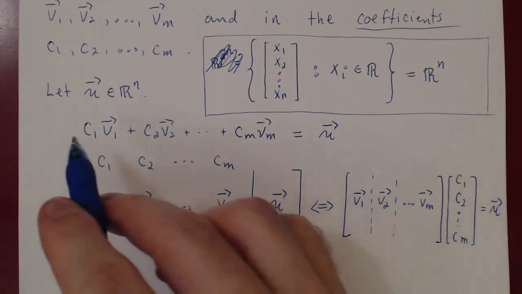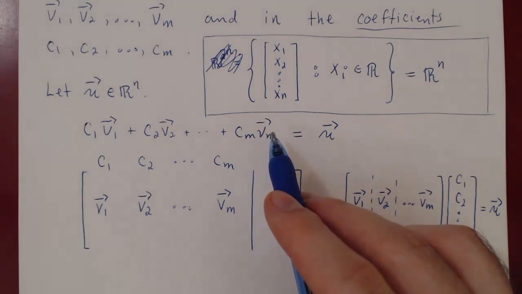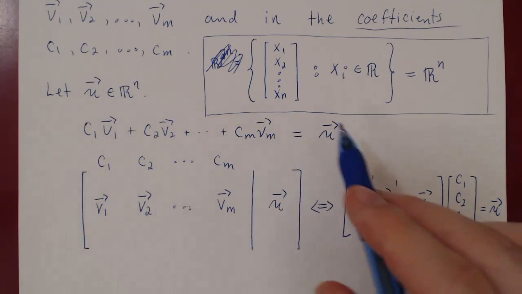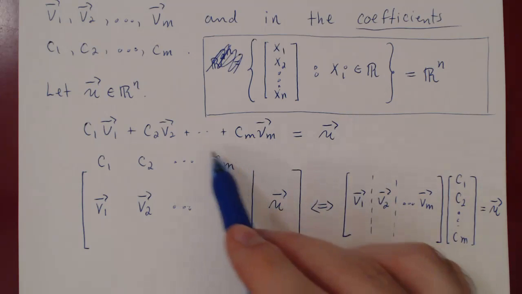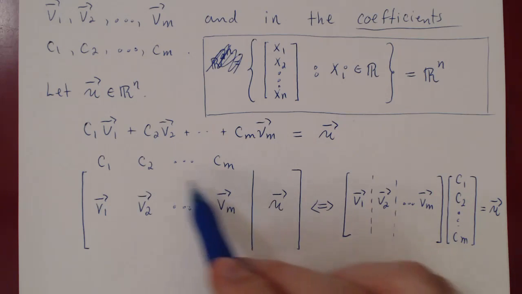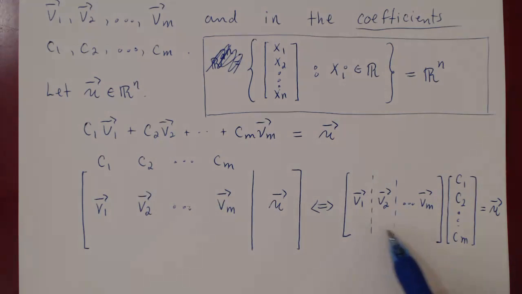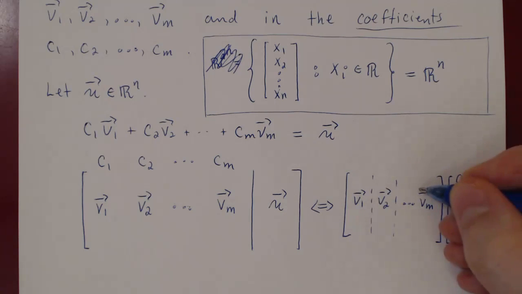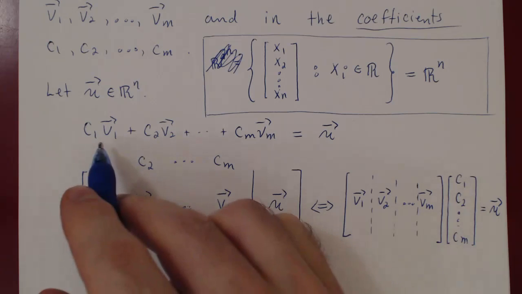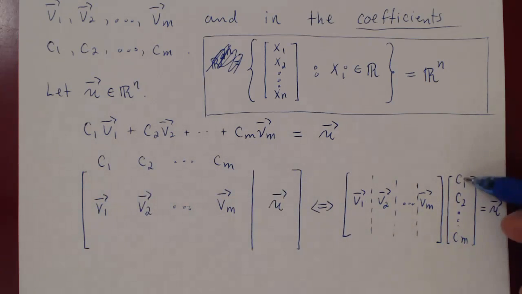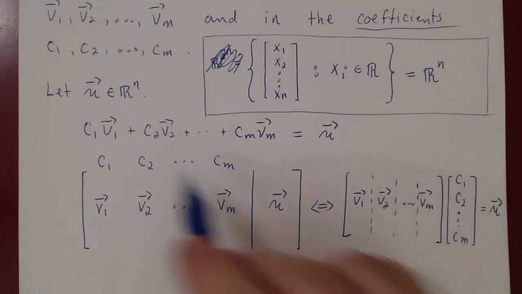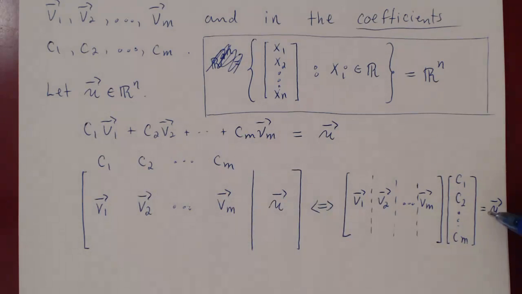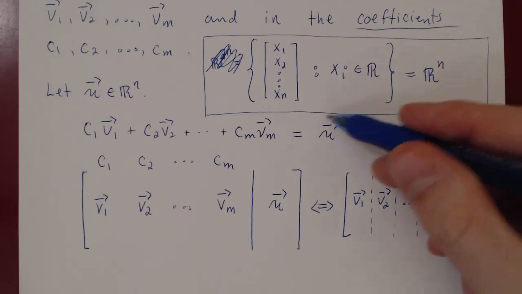So two ways of rearranging the linear combination of the vectors v1 through vm equaling vector u: as the linear system with the augmented matrix form, or as a matrix equality. The matrix where the columns are built with the vectors from the linear combination, the column of variables containing the coefficients, and the constant vector being the vector u.